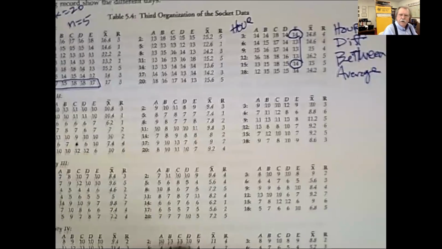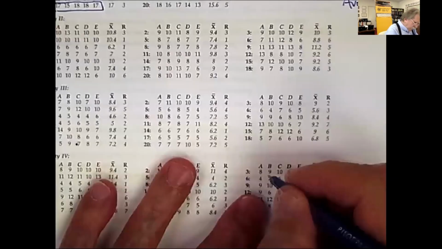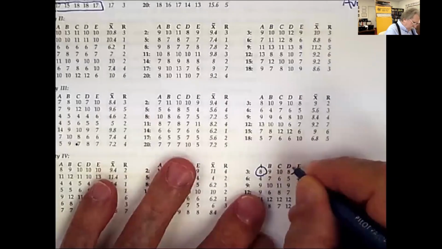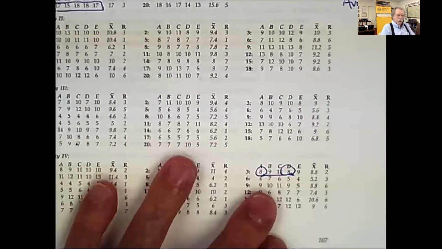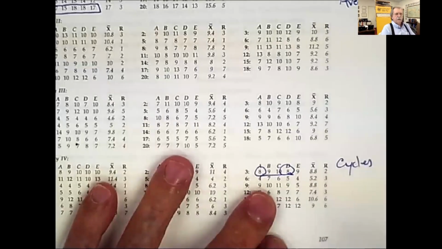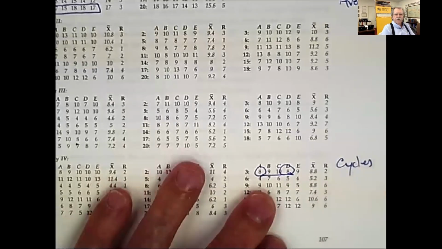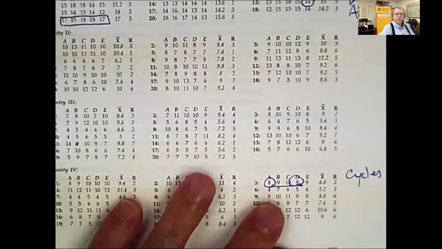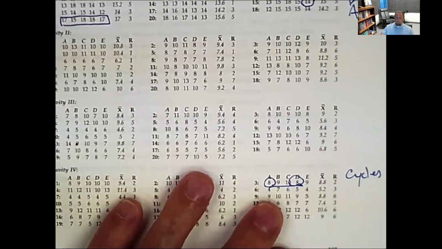Come down here. These two numbers are different cycles. Are they in the same subgroup or different subgroups? The same.